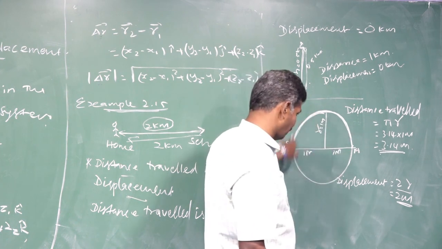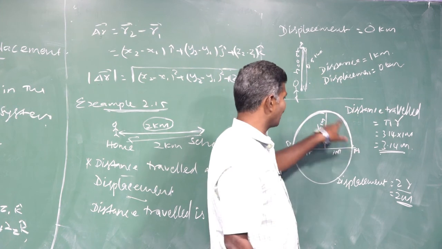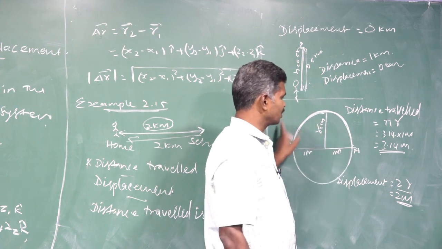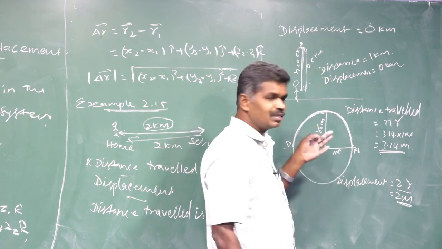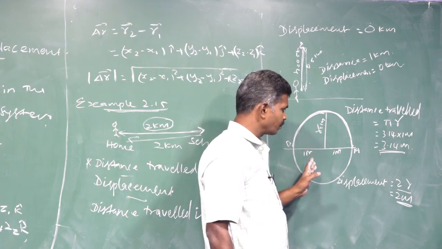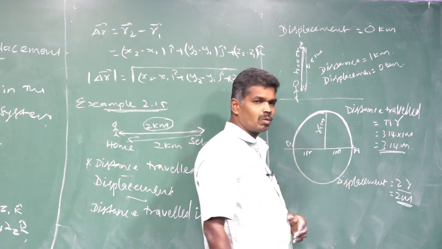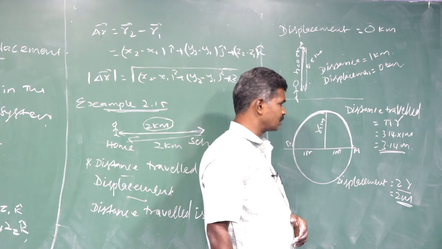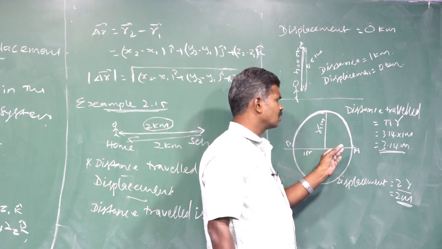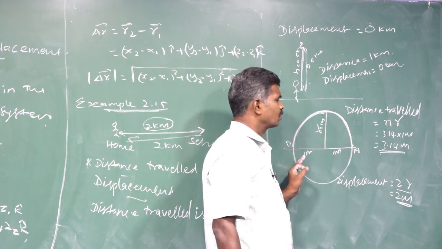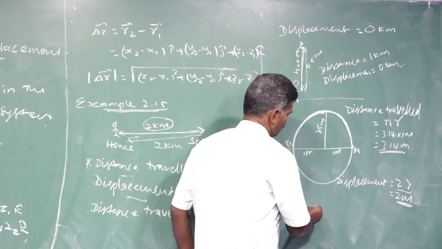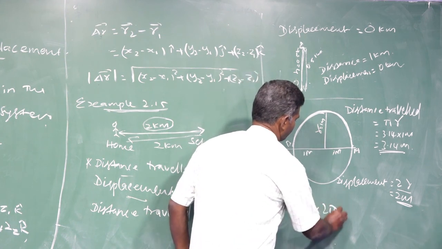Whatever the number of times you travel through the circumference of the circular path, if the initial and final positions are the same, the displacement value is 0. For distance traveled, if you complete 3 times, we take 3 into 2 pi r.